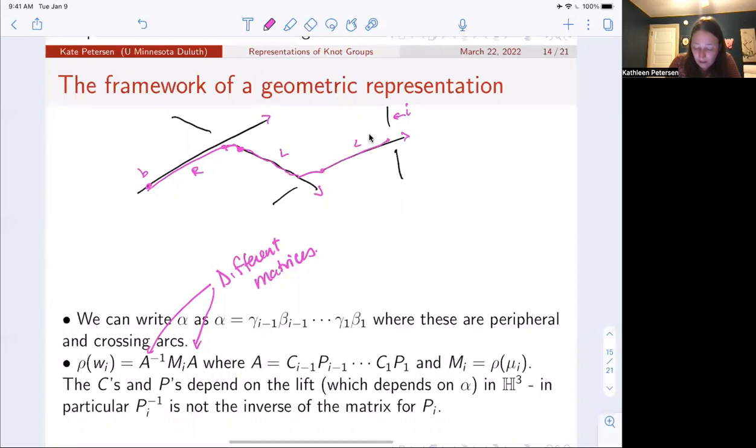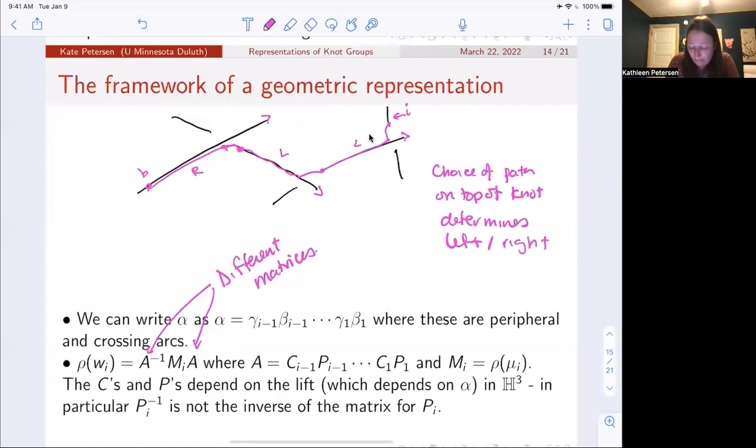That would be left. And then I jump off. So you can see that in this way, actually the choice of the path on top of the knot determines left or right. Peripheral. Okay, so the left or right matrices are determined.